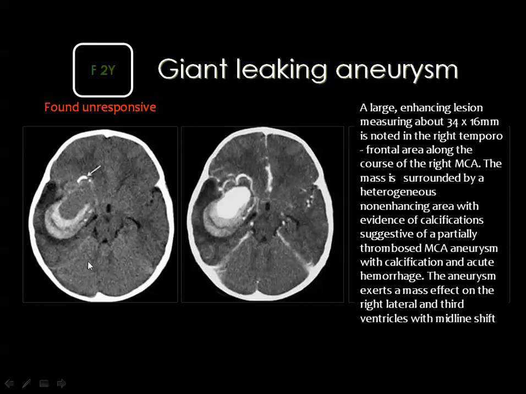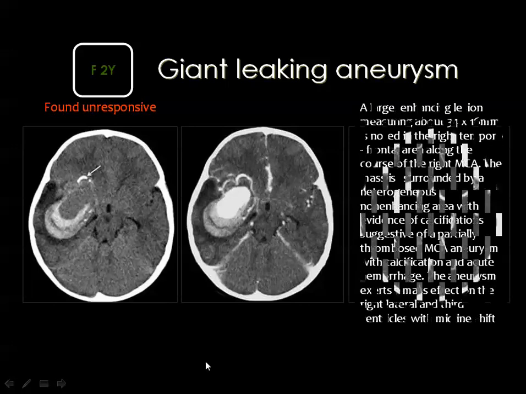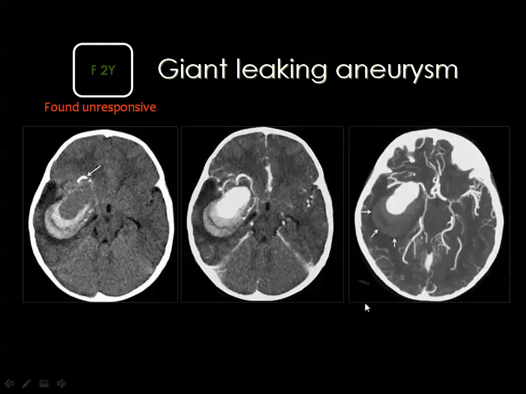After contrast injection, you can notice the enhancement of the patent lumen, and this is the thrombosed lumen, and the perianeurysmal leakage or hemorrhage, and also you see an area of perifocal brain edema. And this is the CT angiogram of the same case, showing the aneurysm and the perianeurysmal leakage, which is pointed to by arrows.